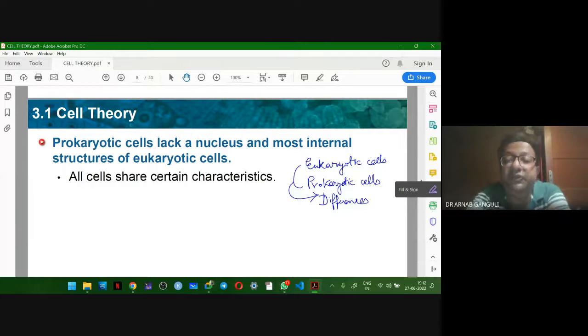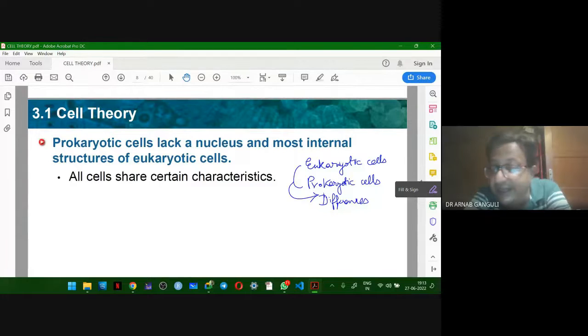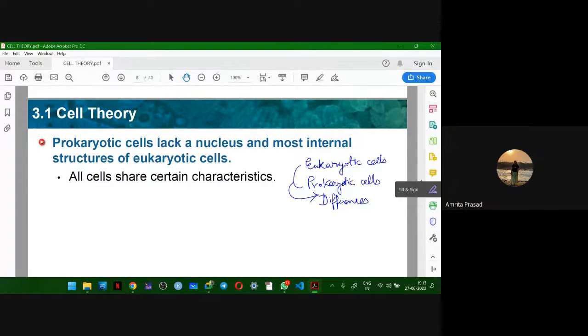Can anybody give one difference between a eukaryotic cell and a prokaryotic cell? Nucleus. They lack a nucleus. And what else do they lack? Membrane bound organelles. Very good.